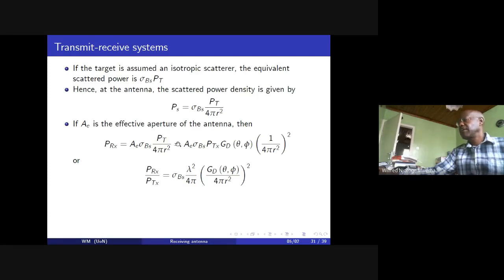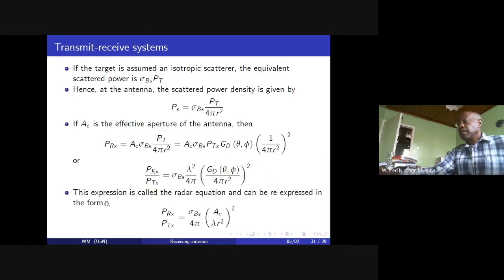And therefore, we can get the received power to transmit power ratio given by the backscatter cross section multiplied by lambda squared over 4 pi and multiplied by the directive gain of the antenna divided by the surface area all squared, the surface area of the sphere enclosing the antenna all squared.